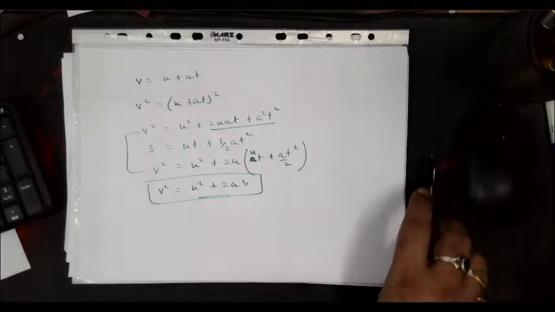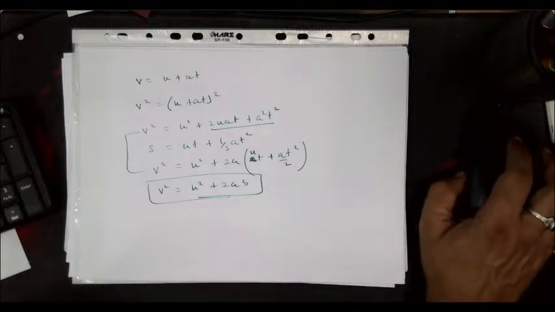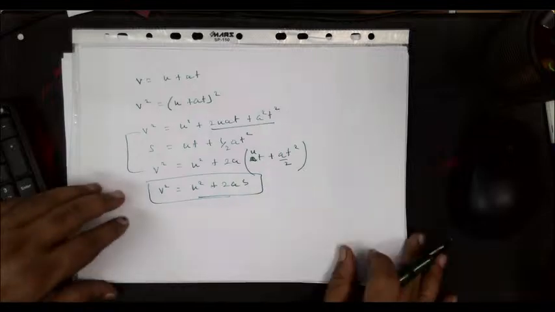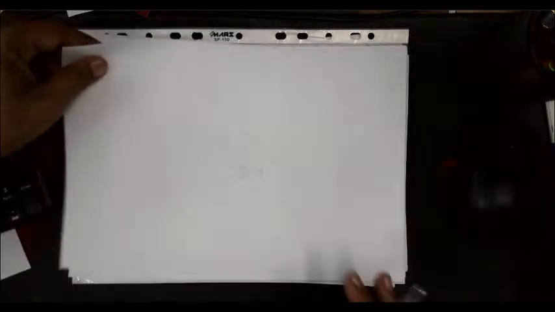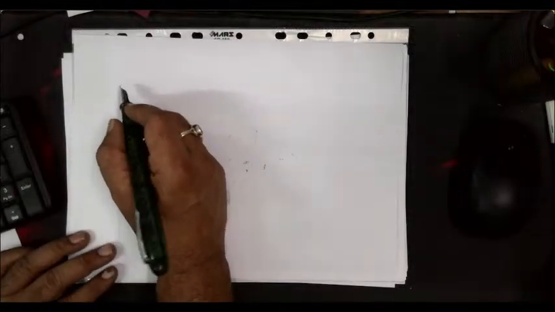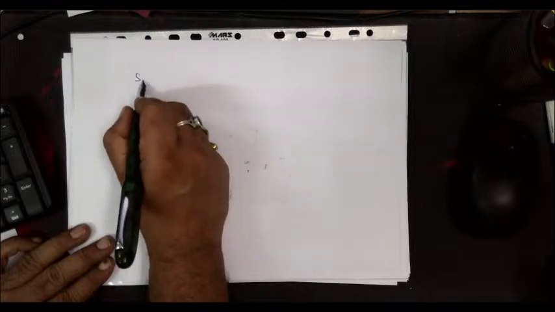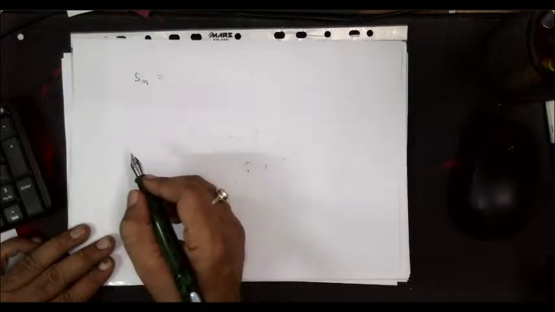Now we can have the displacement in nth second also. Let us proceed. The displacement that takes place in nth second, that is after nth second. Displacement after nth second, what is Sn?